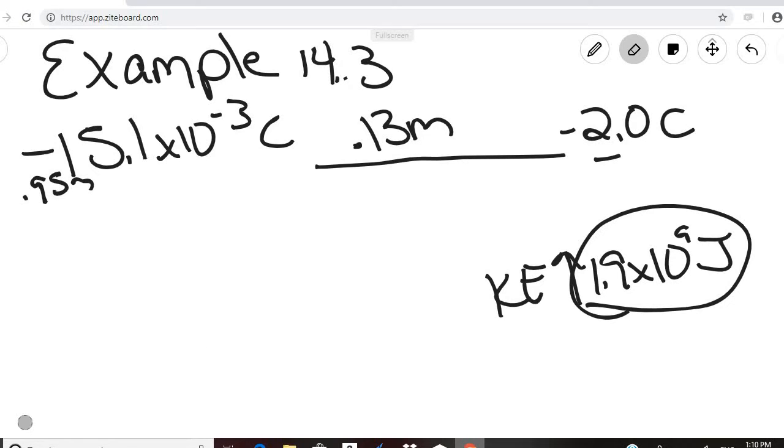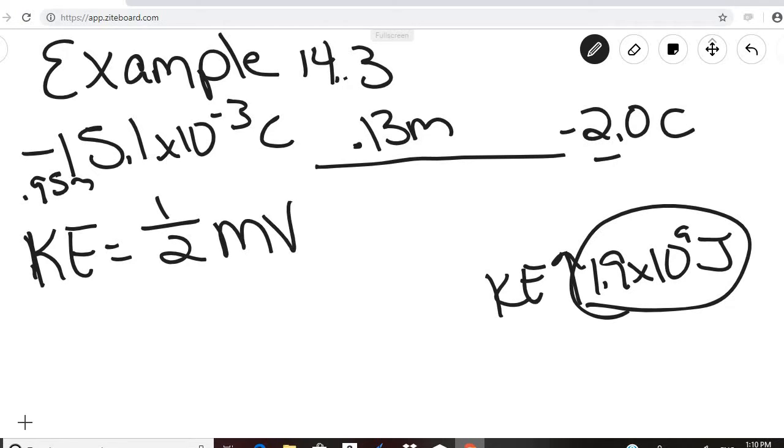Now the last bit of information that we wanted to know is how fast that particle was moving. Well, we know from previous study that kinetic energy is equal to 1/2 mv squared. So we know the kinetic energy, we know the mass, so we can calculate the velocity.